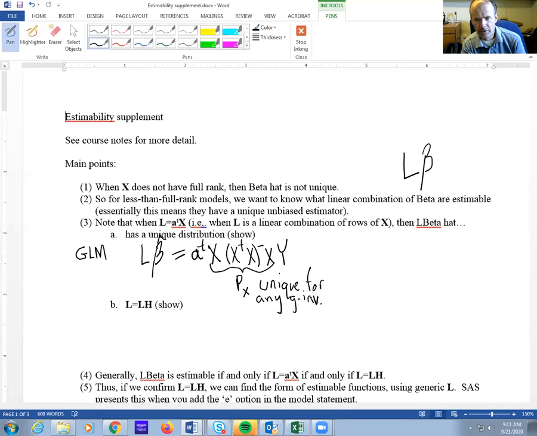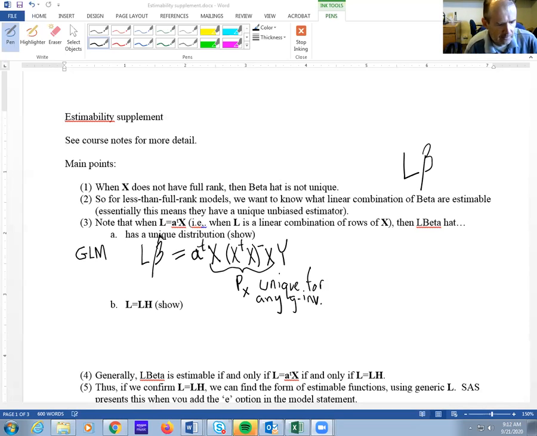The reason I like to call it the projection matrix is because you're projecting usually Y onto the column space of X, which is all linear combinations of the columns of the X matrix. And so intuitively, I think it makes sense.